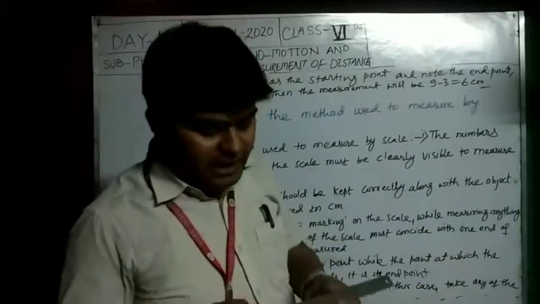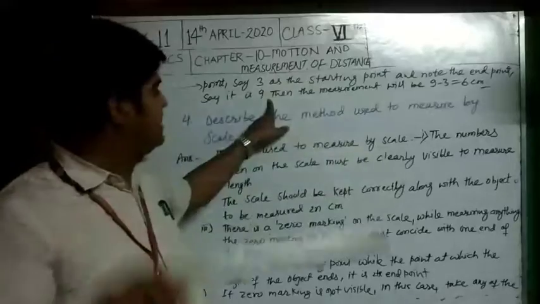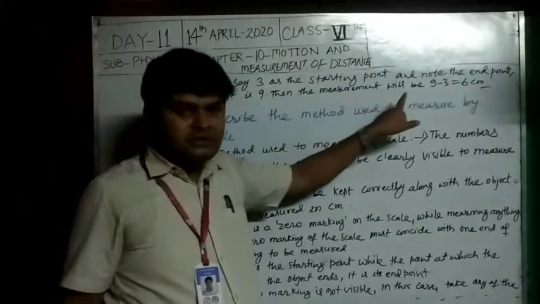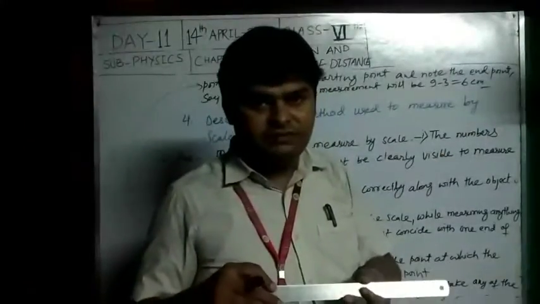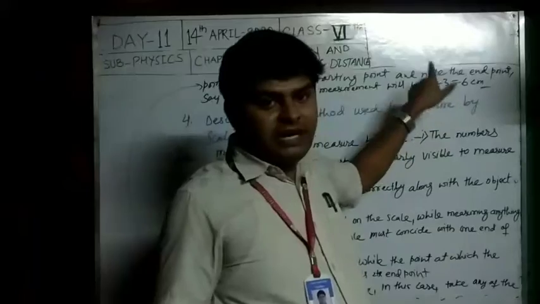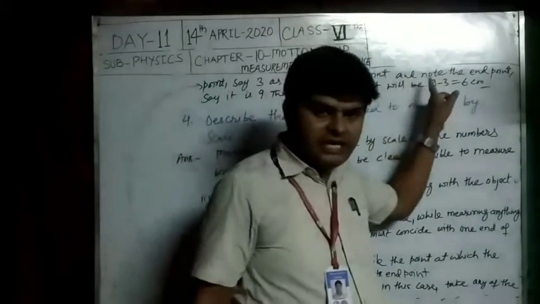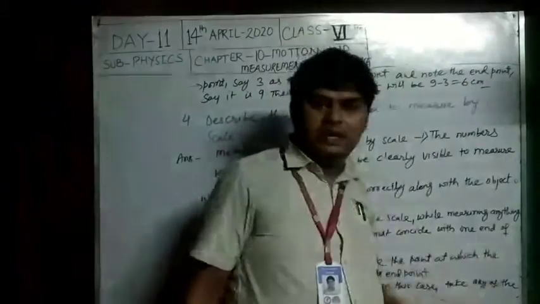Suppose the object ends at point 9. Then the actual measurement is final reading minus initial reading. Final reading is 9, initial reading is 3, that means 9 minus 3, which is 6 centimeter.